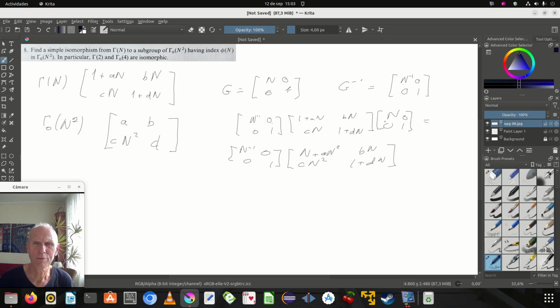So this just multiplies the first column with n, and then this should divide the first row by n, which is what it does.